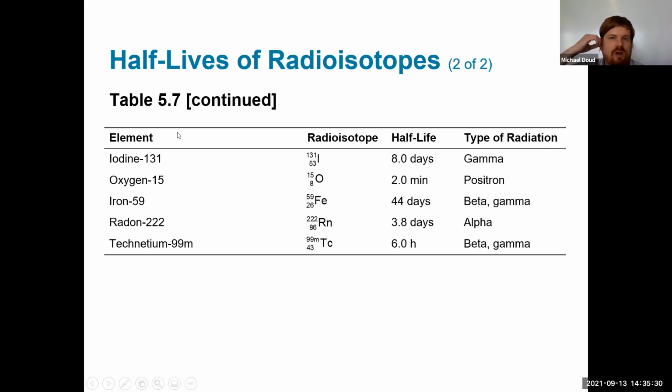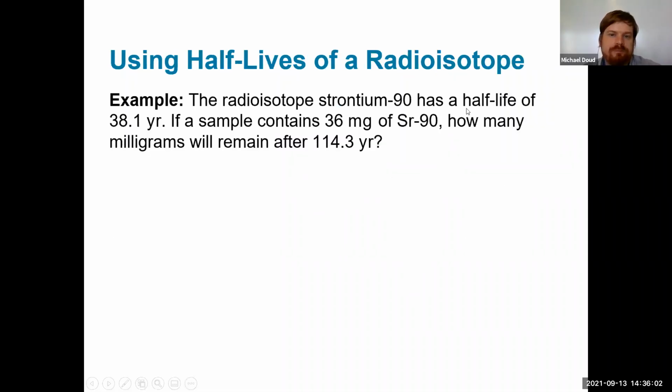Wrapping up our table of medical isotopes, iodine-131 has a half-life of 8 days, oxygen-15 is 2.0 minutes, iron-59, 44 days, radon-222, 3.8 days, and then technetium-99m, that we talked about in the last lecture, has a half-life of 6.0 hours. So again, these are useful depending on what you're looking at. You don't need to memorize any of this, but I just want to point out here that the shorter the half-life, the more useful it is in a medical setting.